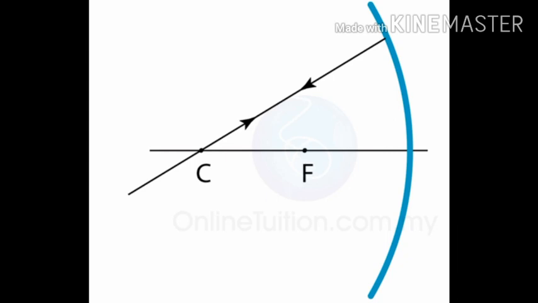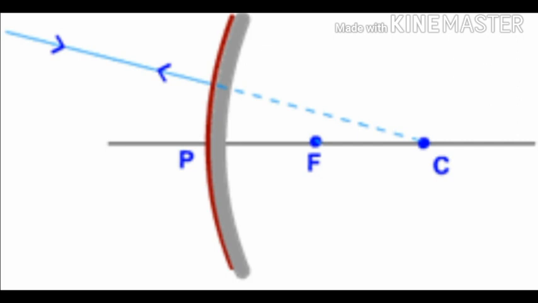Rule number 3: if the light ray is directed towards the center of curvature, for a concave mirror and convex mirror it retraces the path, or bounces back after reflection through the same path.